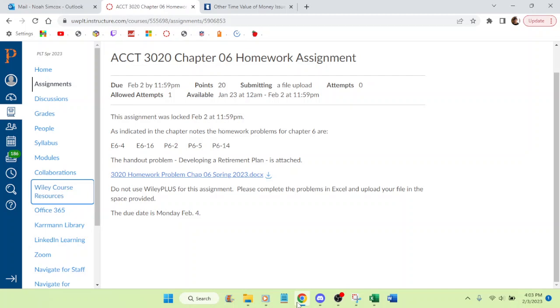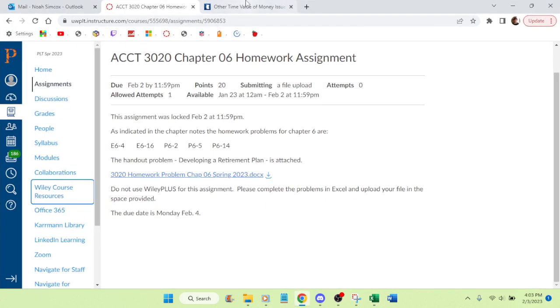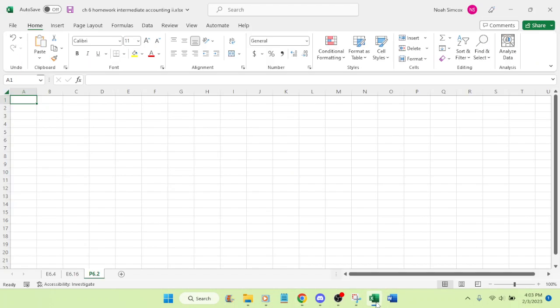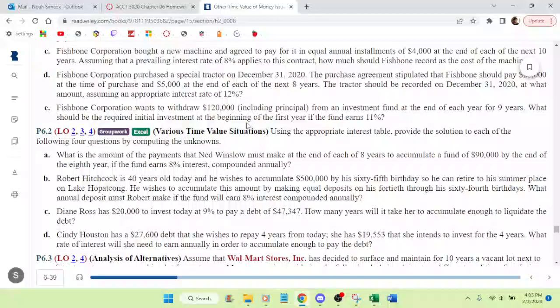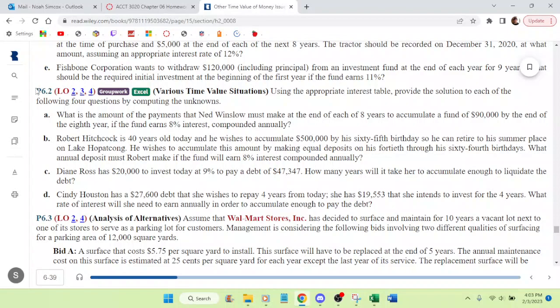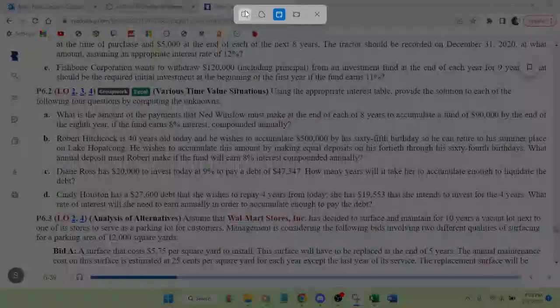Now we need problem 6-2. Problem 6-2. Group work.